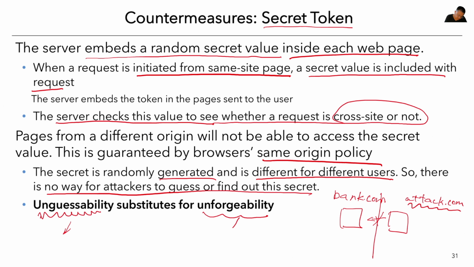The second means the attacker cannot forge the secret, cannot figure out the secret in some way. Here we actually have unguessability, but it's very difficult to guess, so it's actually a pretty good substitution for unforgeability.